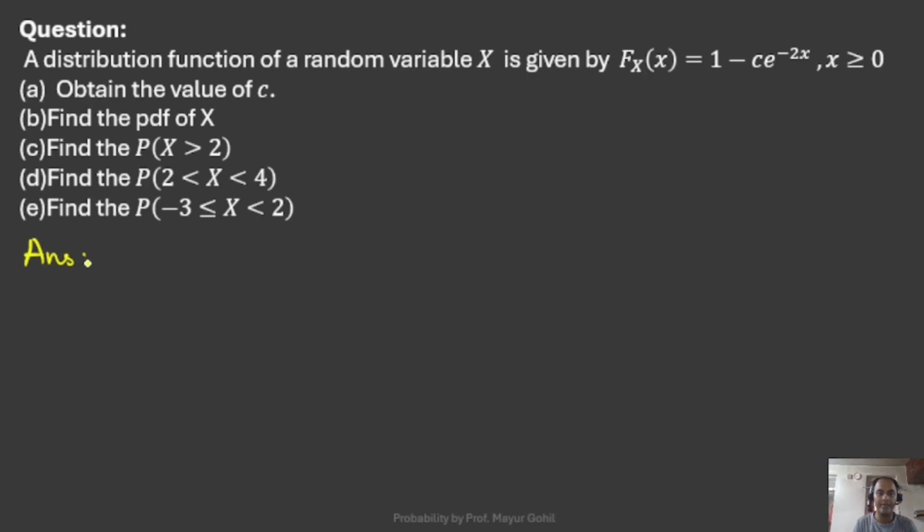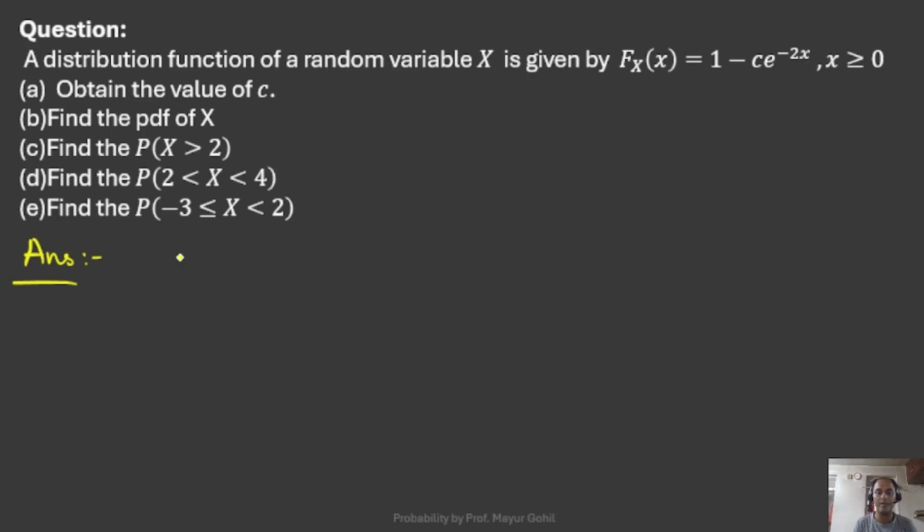The first important thing to understand here is that we are given a continuous random variable. How do we come to know that it is a continuous random variable? It is due to the interval.